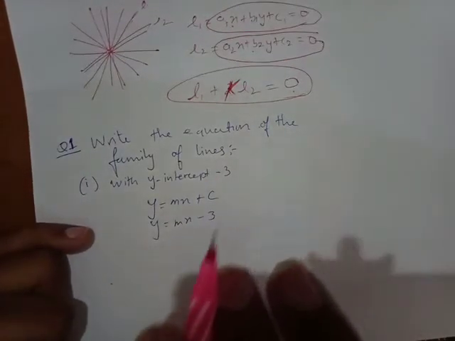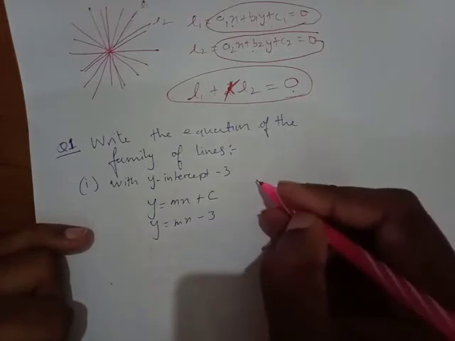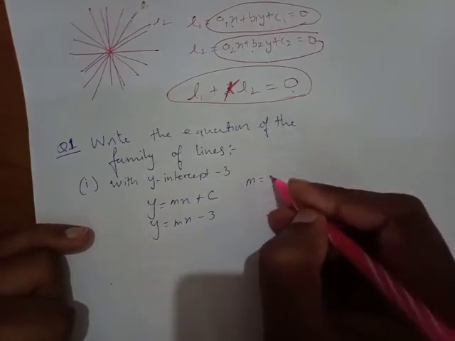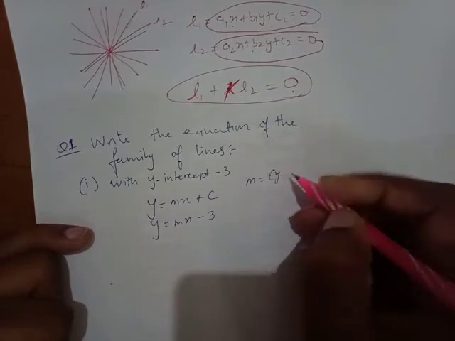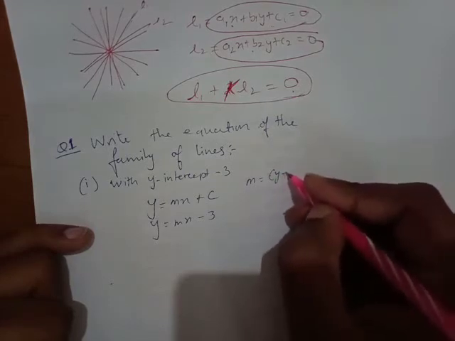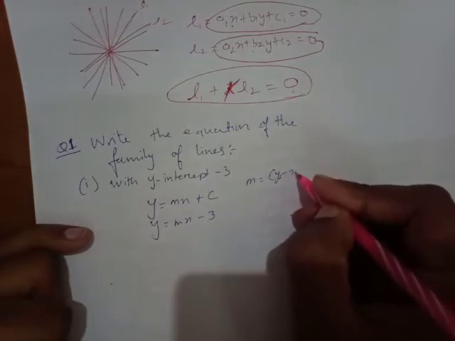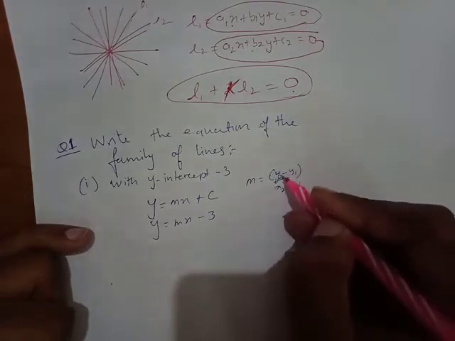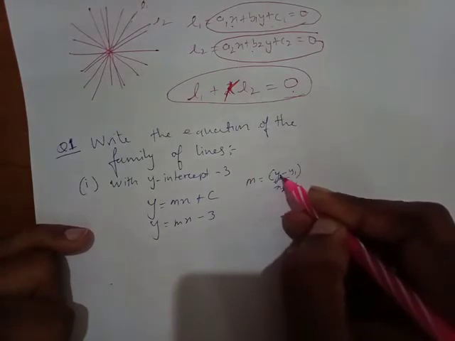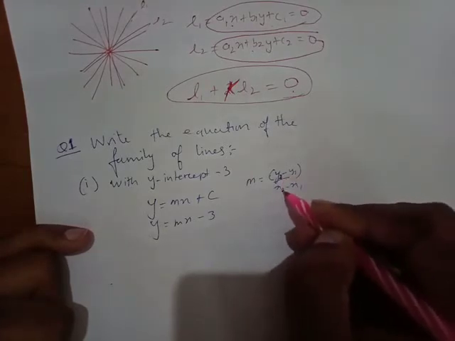Even if you guys are not able to do this, you can use whatever you know. If you know the slope formula, what is the slope formula? y2 minus y1 upon x2 minus x1, or you can also write y minus y1 upon x minus x1.